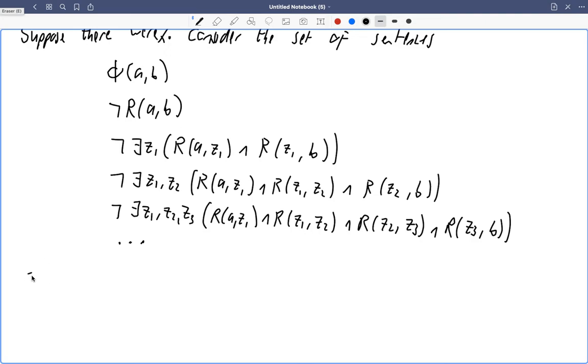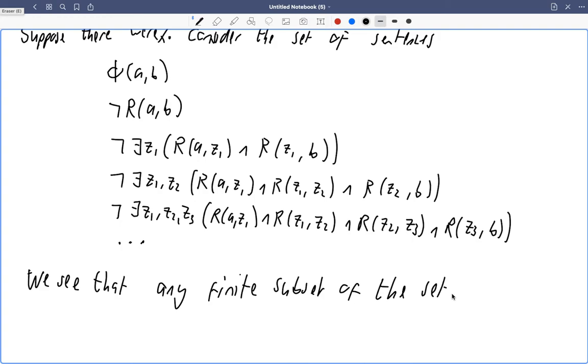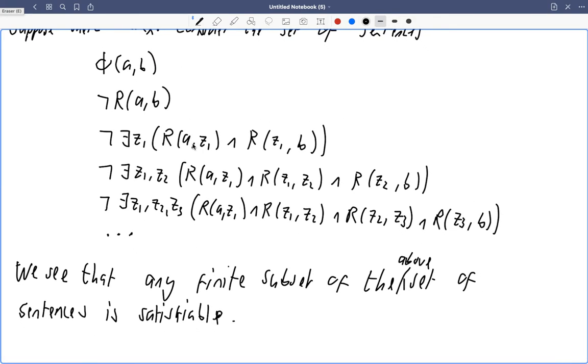So then we see that if we take any finite subset of the above set of sentences, it is satisfiable, because if we have some finite subset, then there's some number n such that we do not have the sentence that B is not reachable from A in n steps.